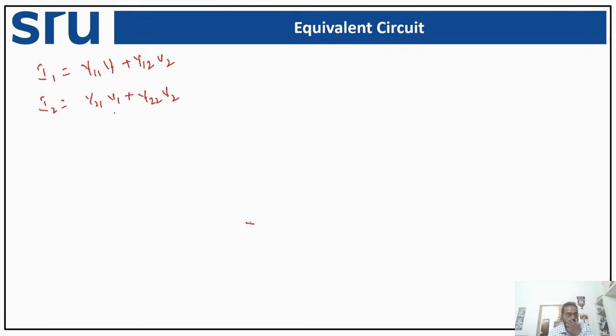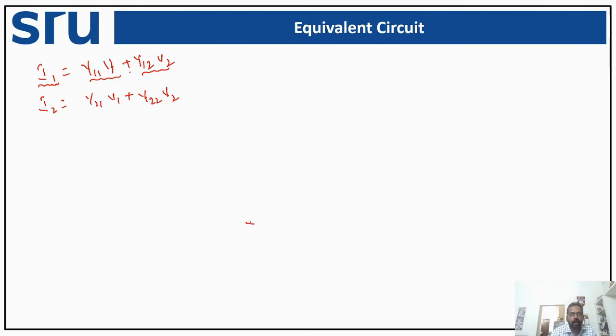Here the voltages are port voltages, which are independent and controlled independently, and the currents are dependent. If you observe these two equations, the total current is getting divided.